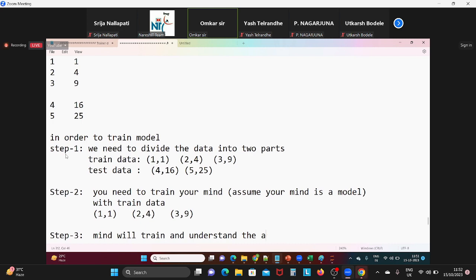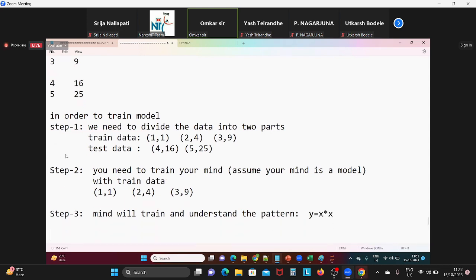Correct? What is the pattern here? Y equals x into x is the pattern. Till now, are the 3 steps clear? That we'll see, Nivedita; you don't need to worry now. How we will divide and how much to divide, we'll see that later.